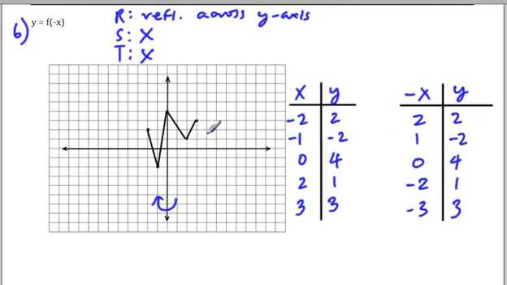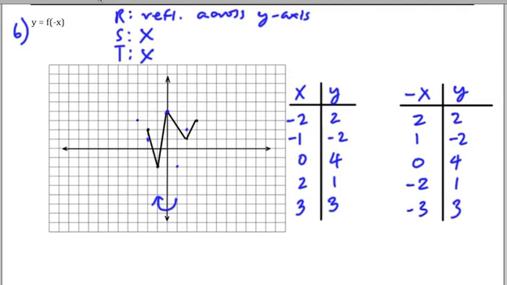So 2, 2 would be here. 1, -2 would be here. 0, 4 is right over there. -2, 1 would be right there, and -3, 3 would be right there.